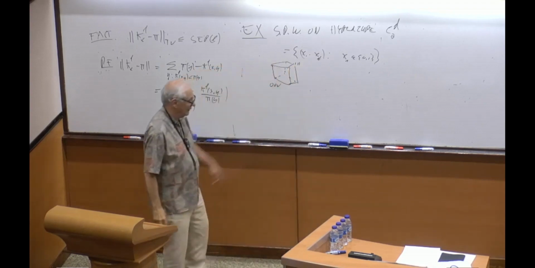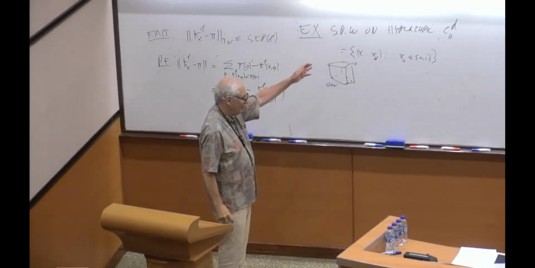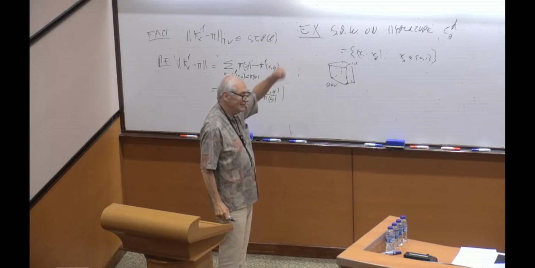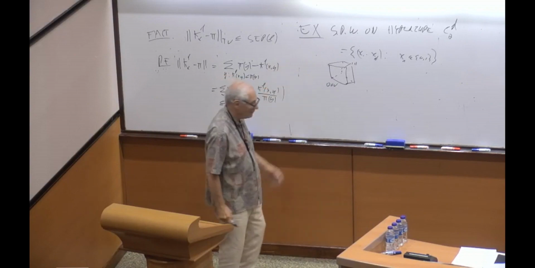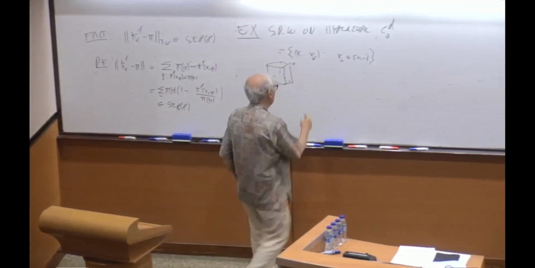Right, the usual hypercube. And the Markov chain is: pick a coordinate and change it to its opposite, except we're going to be lazy.